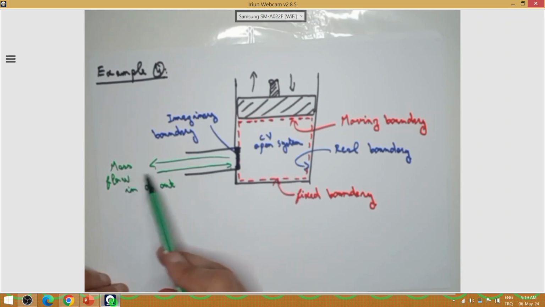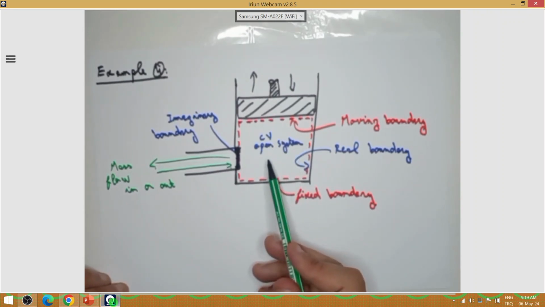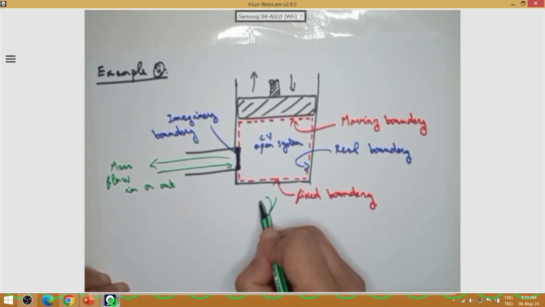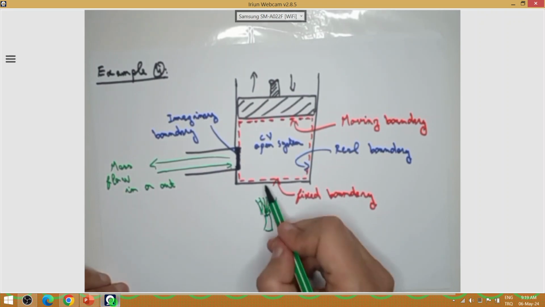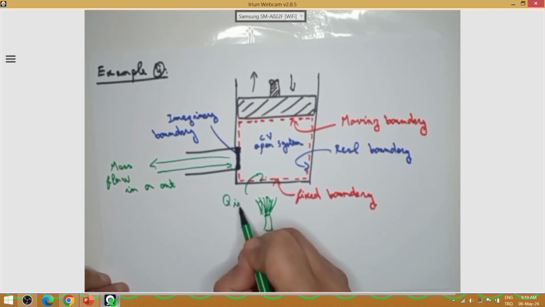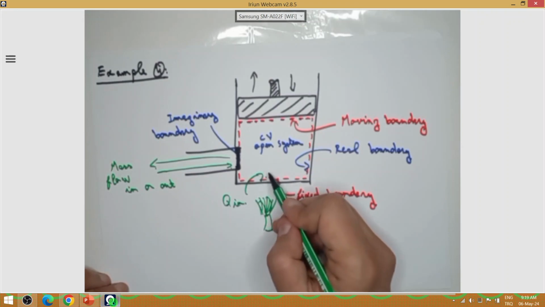So mass can go in and out of my cylinder, and also energy in the form of heat. For example, if I put a flame here, energy in the form of heat can go to my system. So I can have Q in.